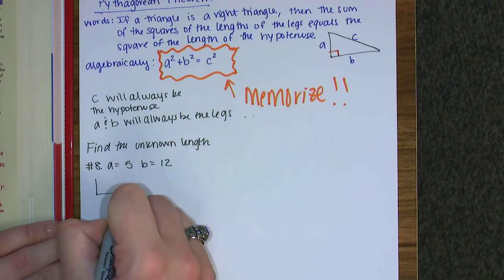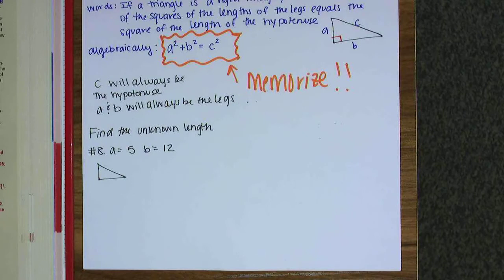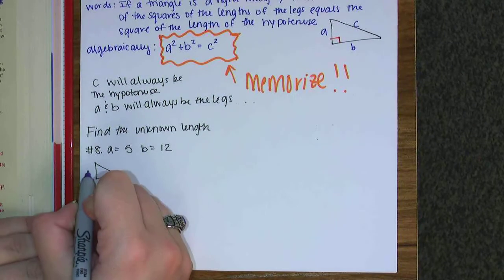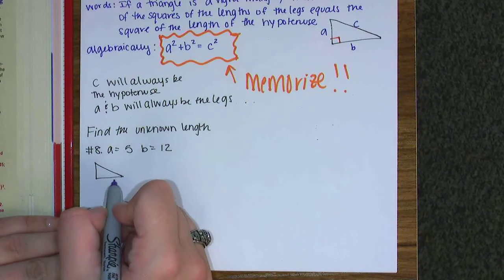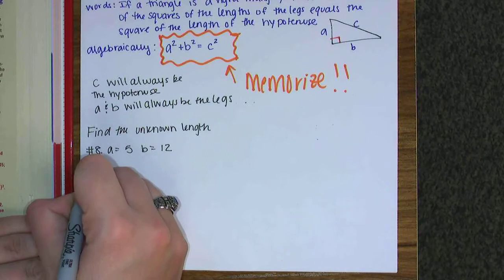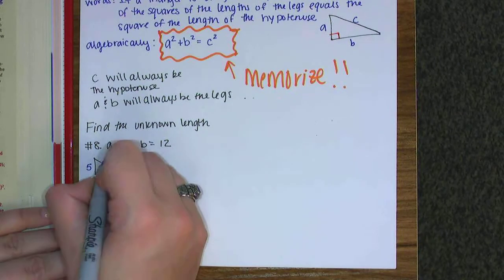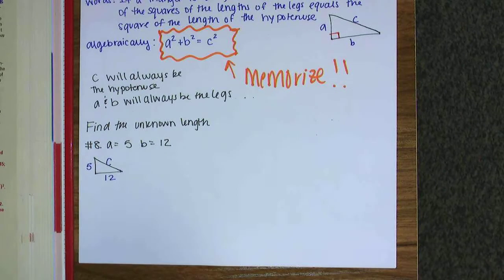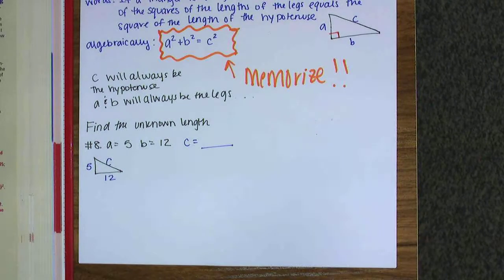It can be just a little small one. Okay, it doesn't have to be anything real big. But I just want to get my lengths on here. Okay, and A and B, it doesn't really matter. I pretty much always will write A on the one going up and down and B on the one going side to side. But it really is irrelevant which one goes where. So 5, 12, and then I want to find C. So I'm just going to write in the letter of what's missing. Okay, so I want to know C is equal to what? And I'm going to fill in that blank with my answer here in a few minutes.